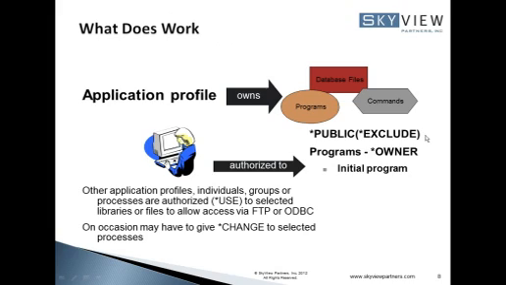The public authority of the data has been set to exclude, and the programs are set to owner, which means that they adopt. The application users are authorized to the initial program of the application, and then we determine what other application profiles or individuals or groups need use.